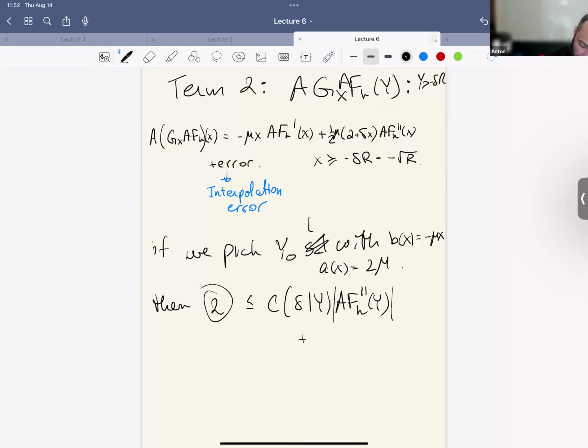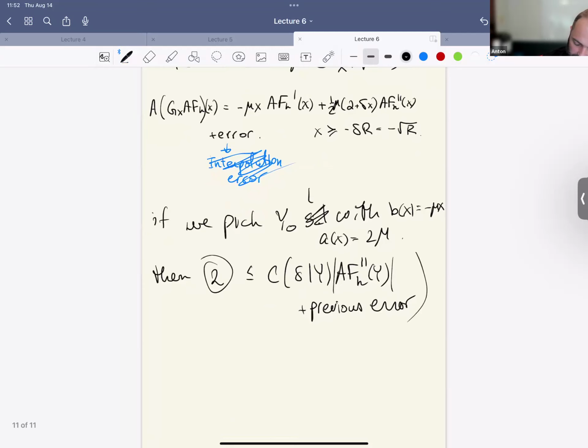Plus, I regret calling this the interpolation error because that isn't fully accurate. And I'll have a few minutes to fix what I meant. Okay, so if we pick y naught, then we have this error term, and this is like delta squared times the derivatives.